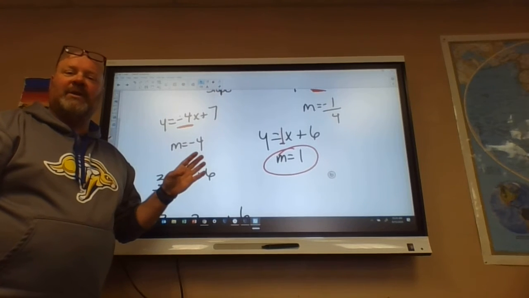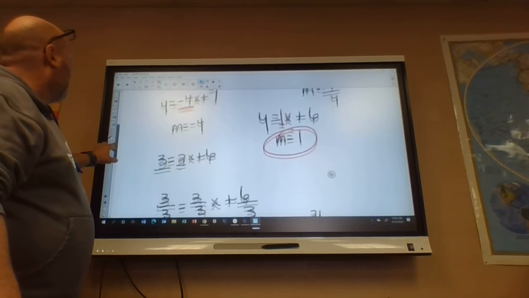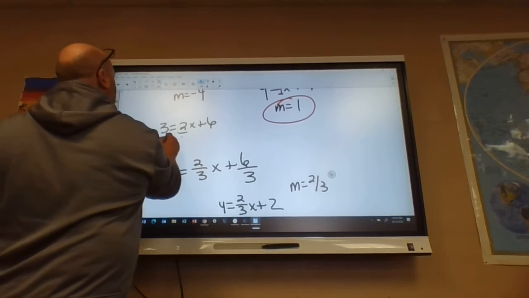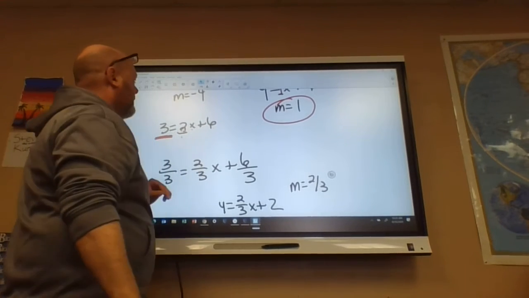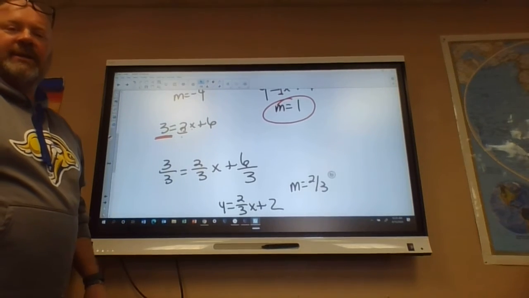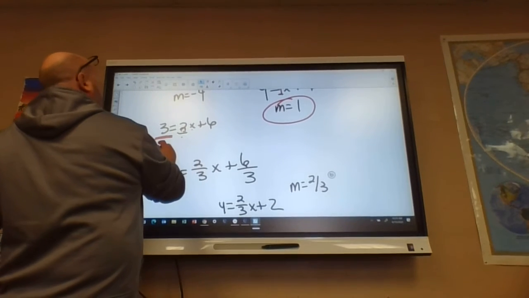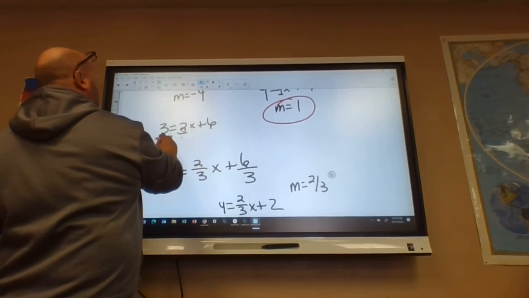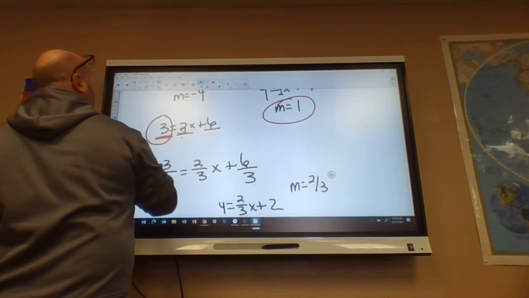Most of those are going to be pretty easy, and you're just picking a number in front of the x. Now, if they give you a number like this over here, 3y equals 2x plus 6, now we have to solve for y. So, the first thing I have to do is divide both sides by whatever number this is. So this is a 3.